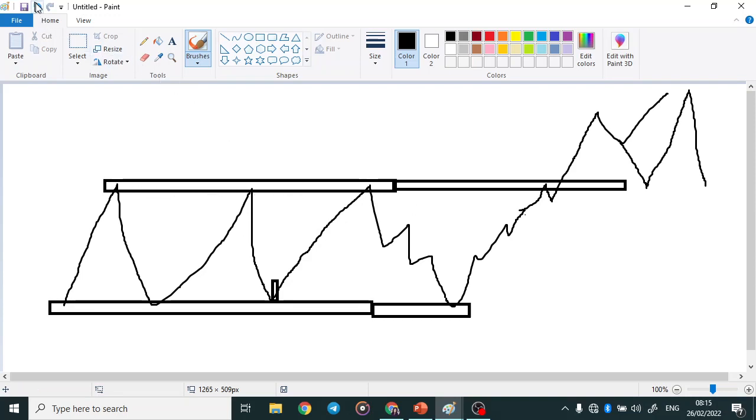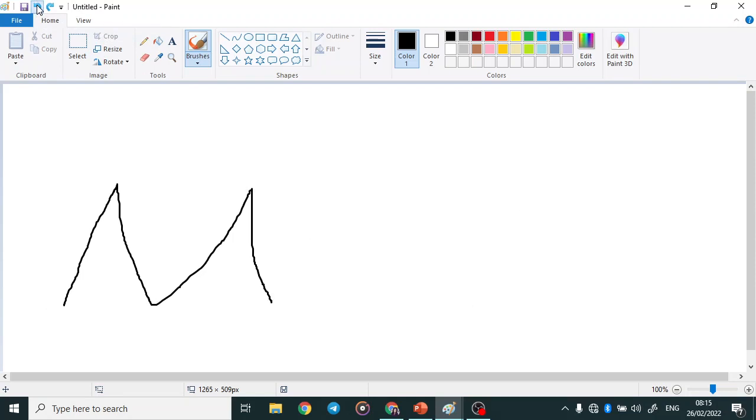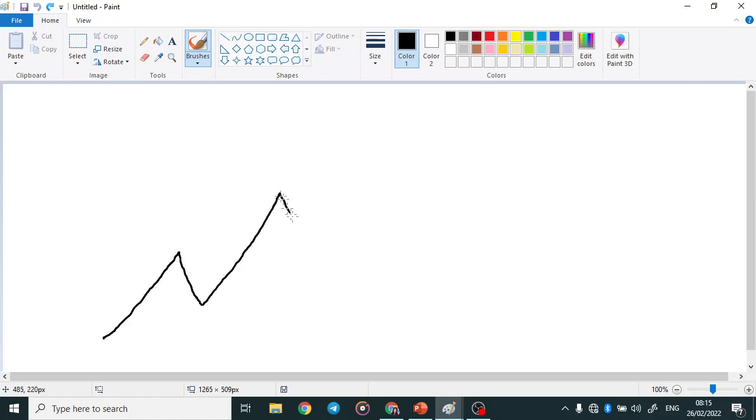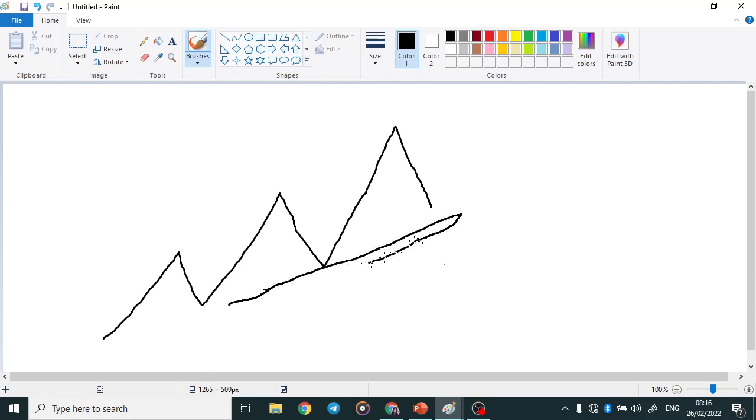We don't just have support and resistance in a market that is going in a range. We also have support and resistance in a market that is going in a certain trend, an uptrend as such. So similarly, we are going to have a support level at these levels here, and up here we can have our resistance.